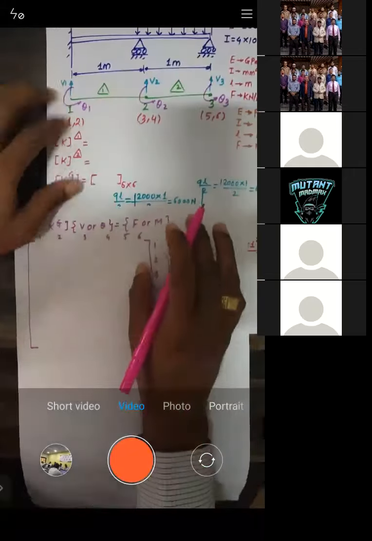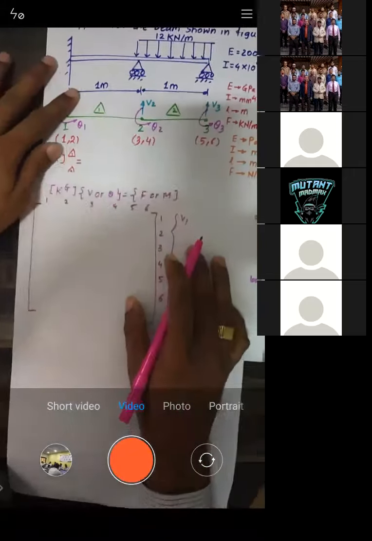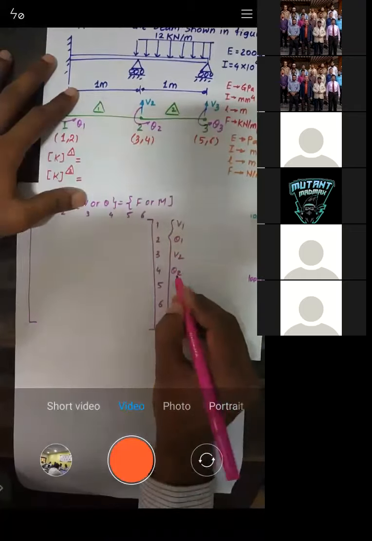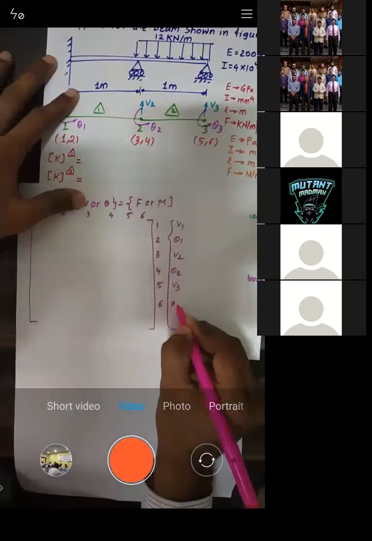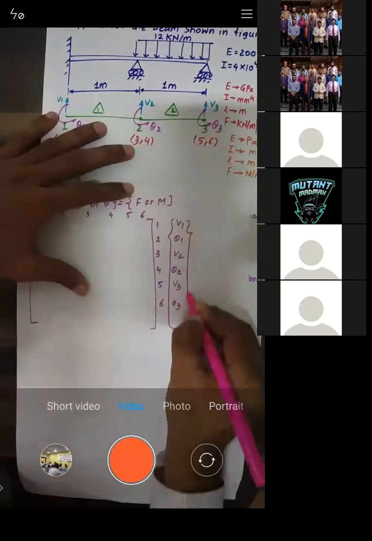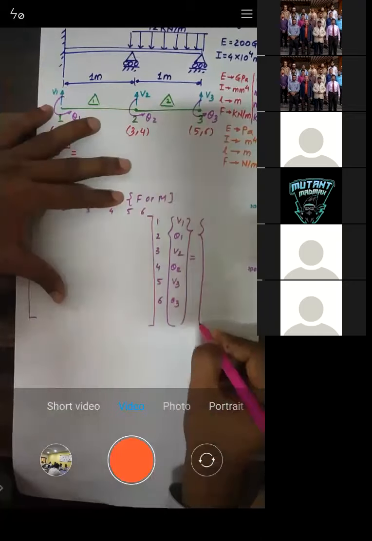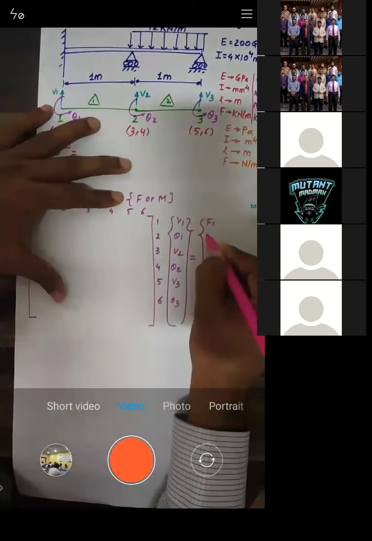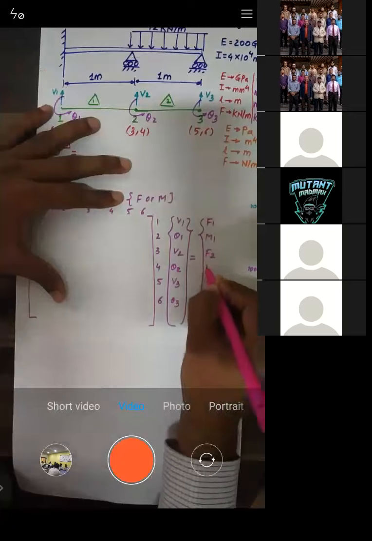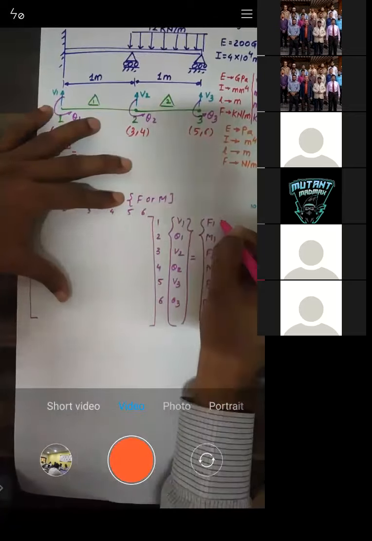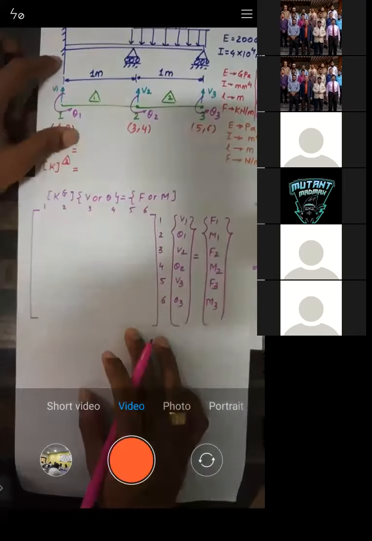V1 theta 1, V2 theta 2, and V3 theta 3, is equal to the forces and moments, that is F1 M1, F2 M2, F3 and M3. So these are the forces and moments.